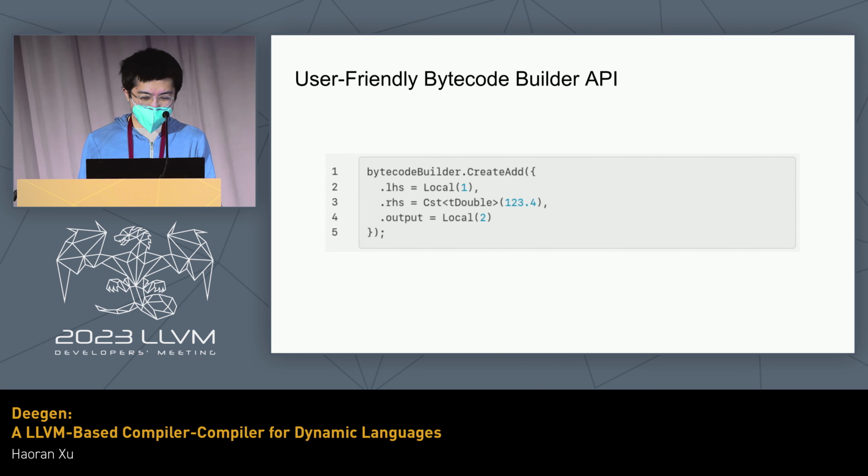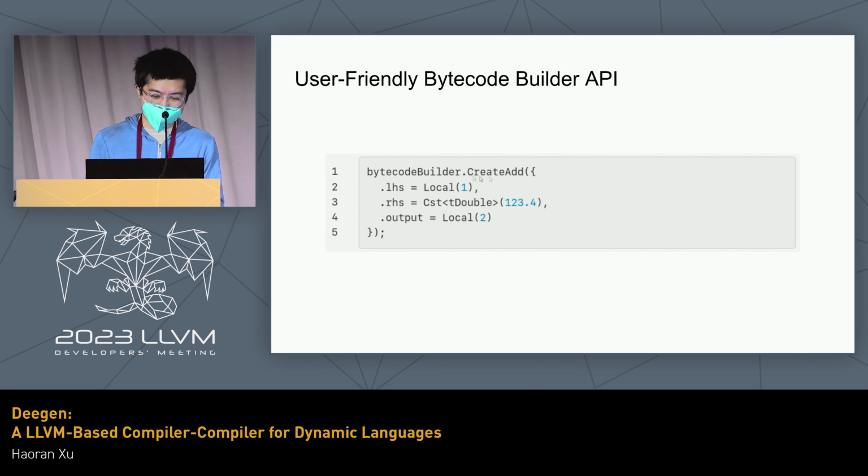And from this input semantic, Xu-Deegen automatically generates a bytecode builder API that allows the user to construct the stream of bytecodes from the input source program.